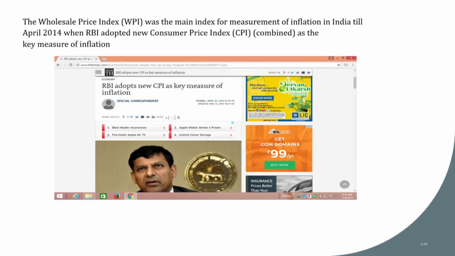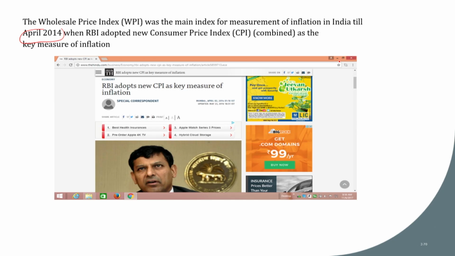So the wholesale price index was the main index for measurement of inflation in India till April 2014. But in April 2014, RBI adopted a new consumer price index as the key measure of inflation. Combined means, because in India we calculate the consumer price index for agricultural labour and industrial workers separately, that is for rural area and urban area separately, and then RBI used the combined measure of CPI for agricultural workers, that is rural area, and CPI for industrial workers, that is urban area.